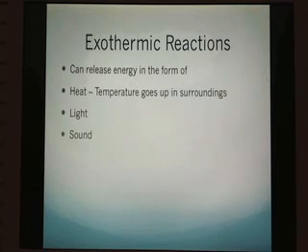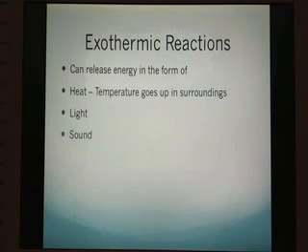Well, let's talk about an exothermic reaction. Now, the prefix exo reminds me of the word exit, to go out or to leave. Well, an exothermic reaction is one that releases energy, or in other words, energy leaves the system.